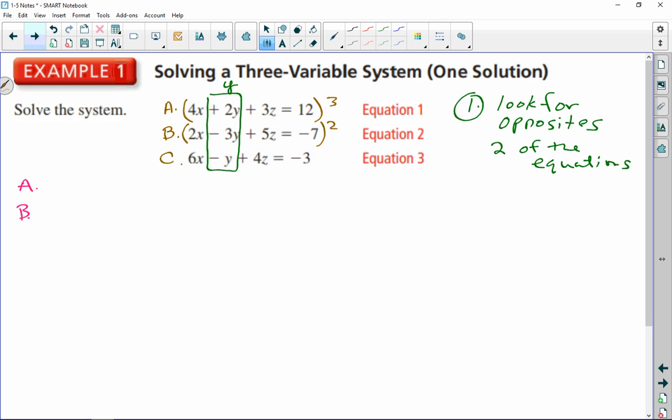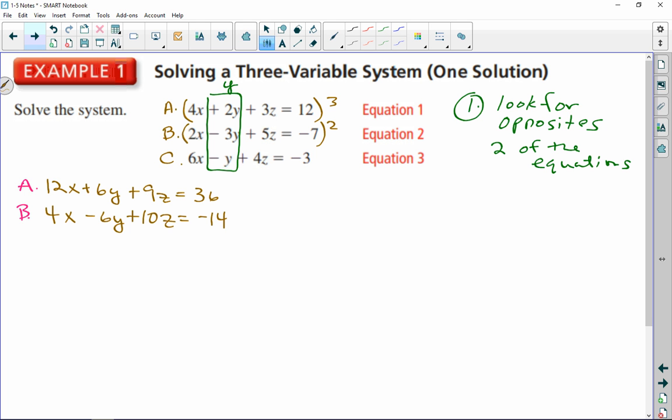So equation A now is going to be 12x plus 6y plus 9z equals 36. And the second equation, B, will be 4x minus 6y plus 10z equals negative 14.